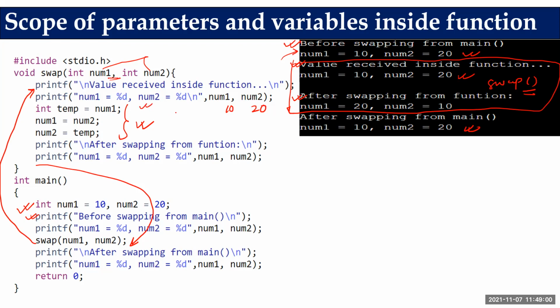So their scope is limited to the body of the function. What is the scope of parameters? Within the function. And variables inside functions, same, within the function. Temp is a local variable, so it cannot be used from main.